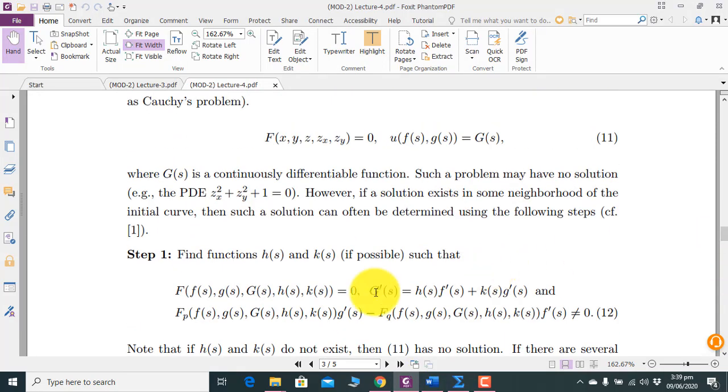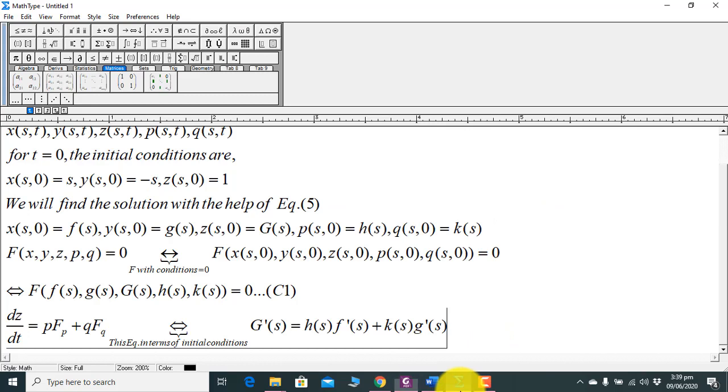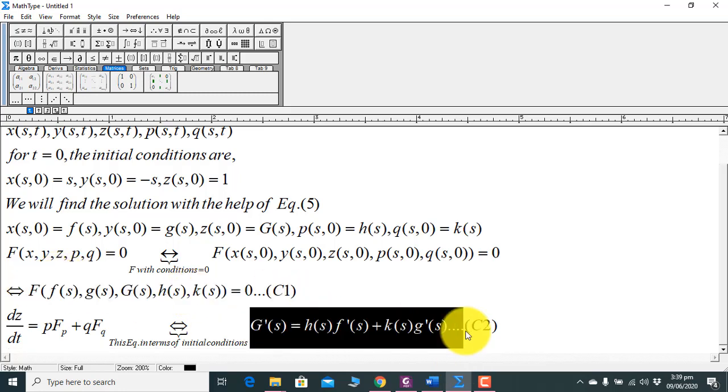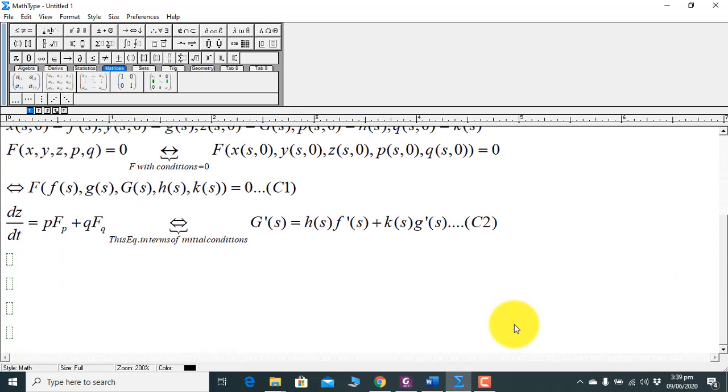If you go back, you can see that. You can name this condition 2. This is condition 1 and this is condition 2. These two conditions will be used to determine the conditions for p and q, which have the names h of s and k of s.